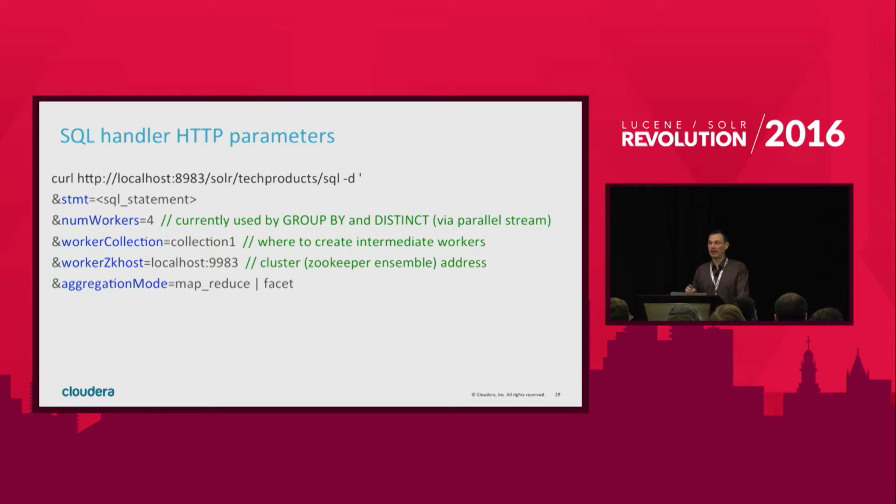If you're doing group by or distinct or something that can be auto-parallelized, then numWorkers is the parallelization factor, the number of internal workers that will be created. You can also specify the workerCollection and the workerZkHost. That's essentially the SolrCloud cluster address of where to create these internal workers.